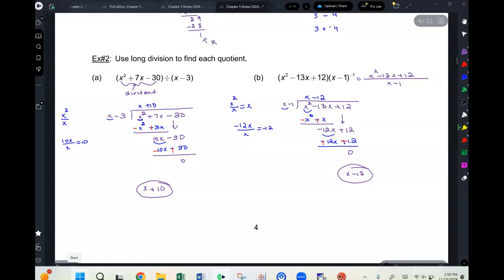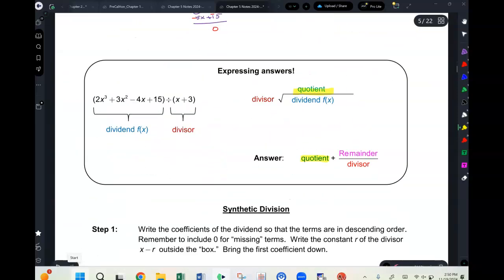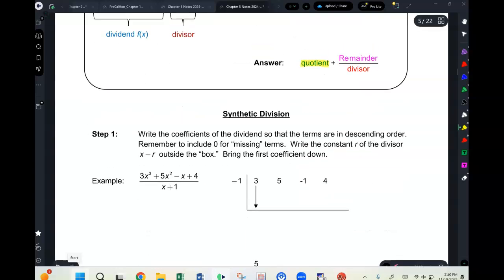When we're doing this, do you see how these x's are coming along for the ride? But really, we're working with the coefficients. The x's are just coming along for the ride. So what if we could just not keep writing the x's all the time, just write the coefficients, and then write the x's at the very end? So synthetic division lets us do that.